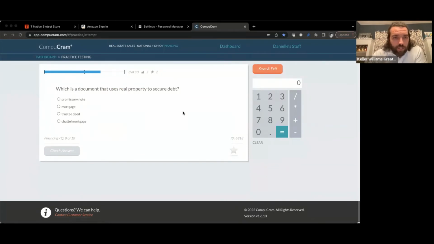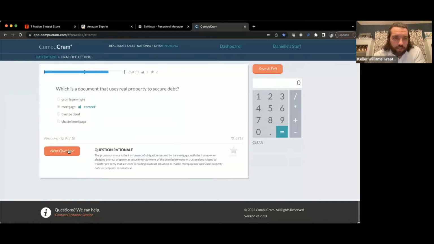Question number 8, which is a document that uses real property to secure debt? A, a promissory note, B, a mortgage, C, a trustee deed, or D, chattel. B, mortgage is going to be correct.